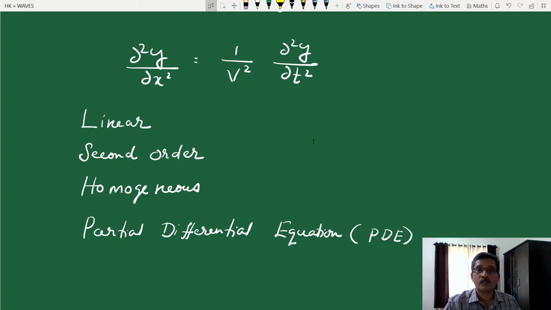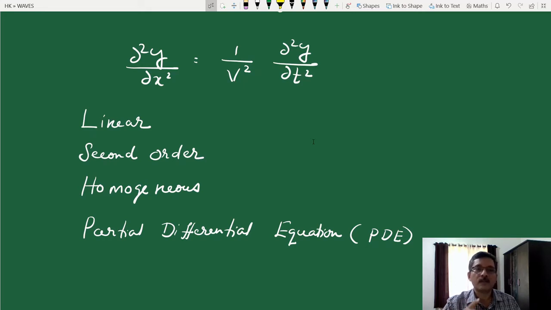Why is it a homogeneous equation? Because every term contains either the unknown function y or its derivative. y is the unknown function, or dependent function. x and t are independent variables, right?